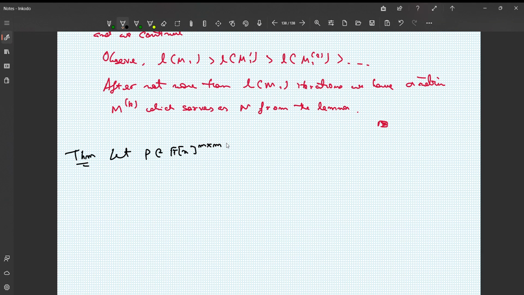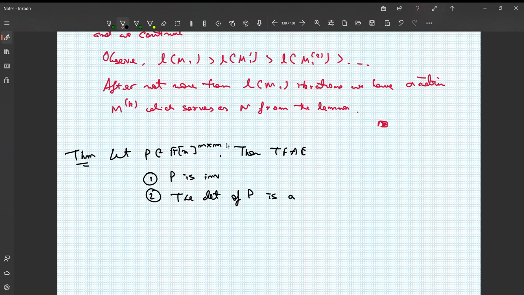It says: let P be an m cross n polynomial matrix, let's say m cross m, a square polynomial matrix. Then the following are equivalent.